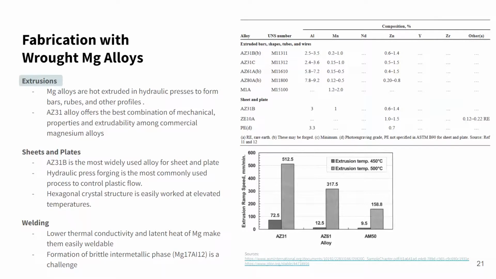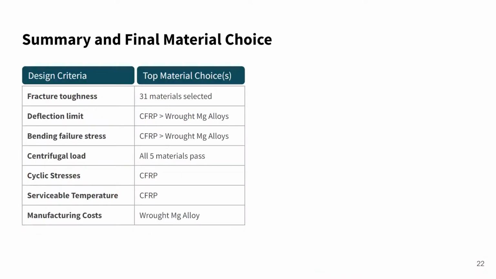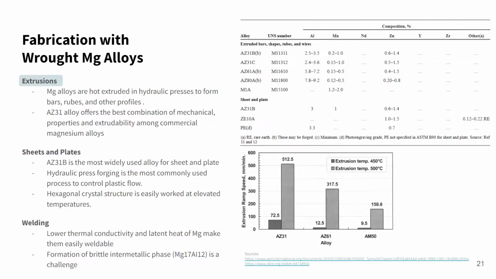And AZ31 is one of the best alloys, which offers the best combination of mechanical properties and extrudability. There are many more where you can add zirconium or other elements for work hardening or solution hardening as per the application. And also they are easily weldable, which makes our fabrication an easy process.